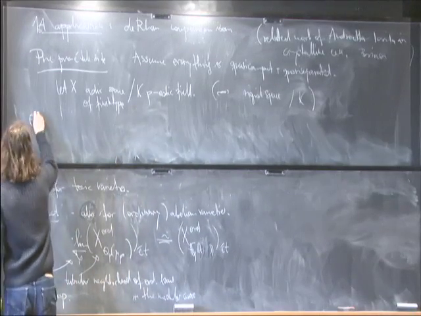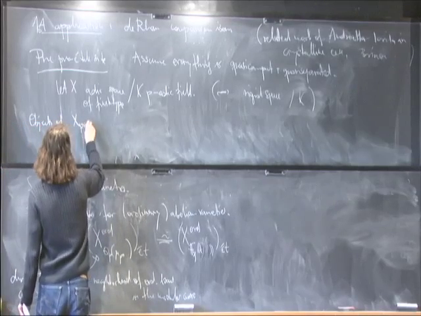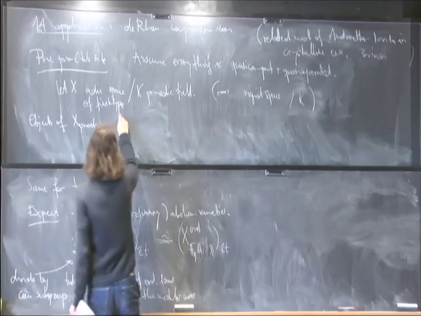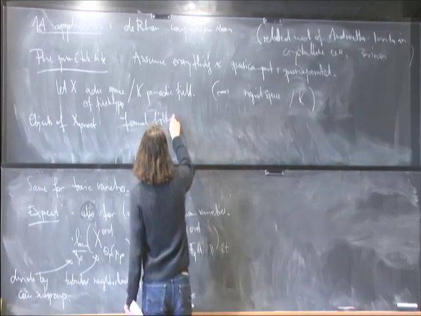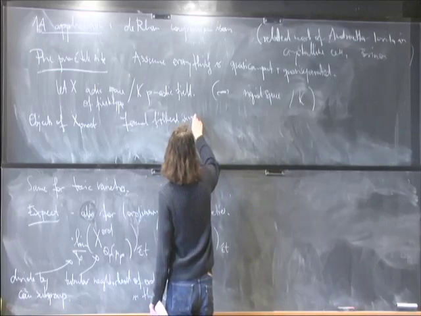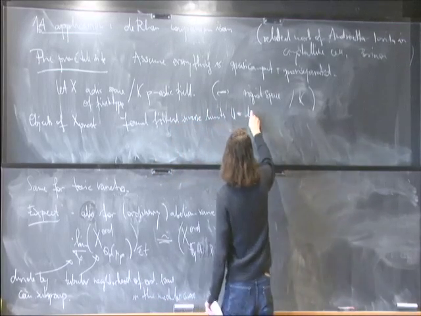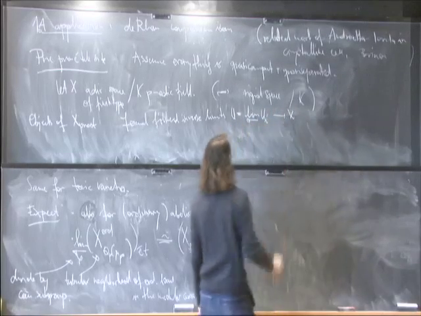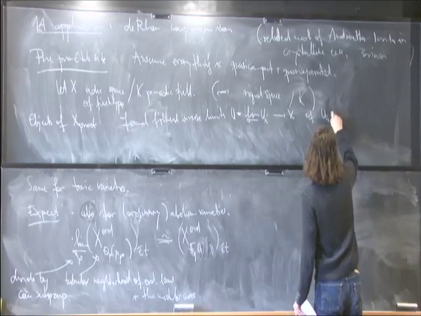And now the objects of the site I want to consider are formal filtered inverse limits of U_i to X, which is étale.